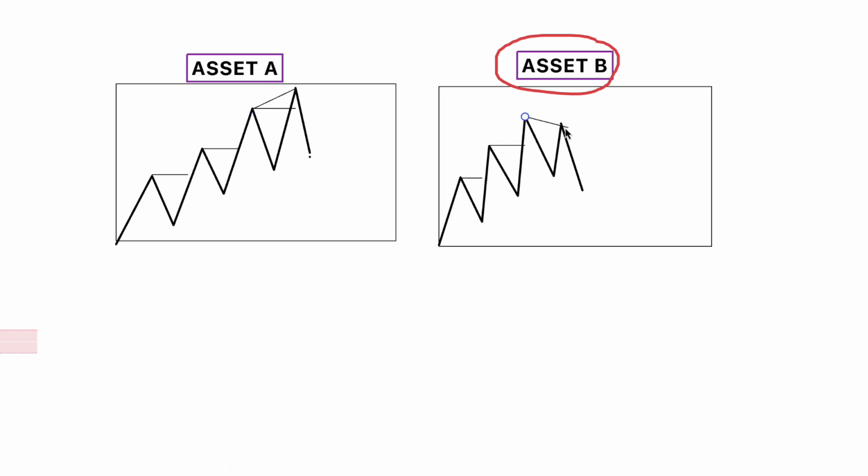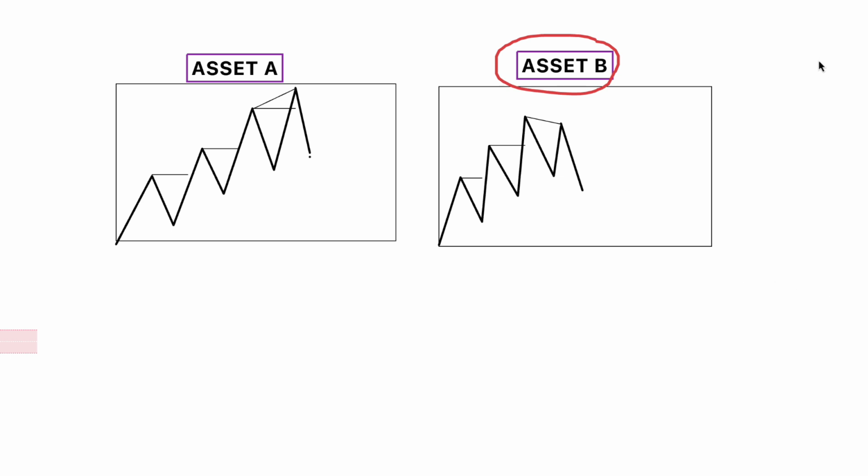A lower high rather. That is a divergence in the correlation. That is a crack in the correlation of these two assets. And it must be at exactly the same time of that price action.